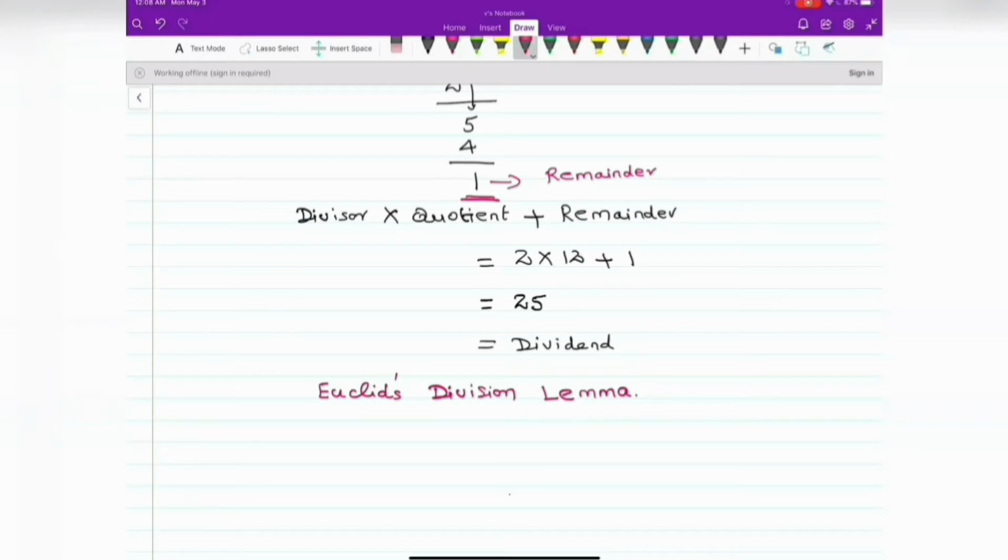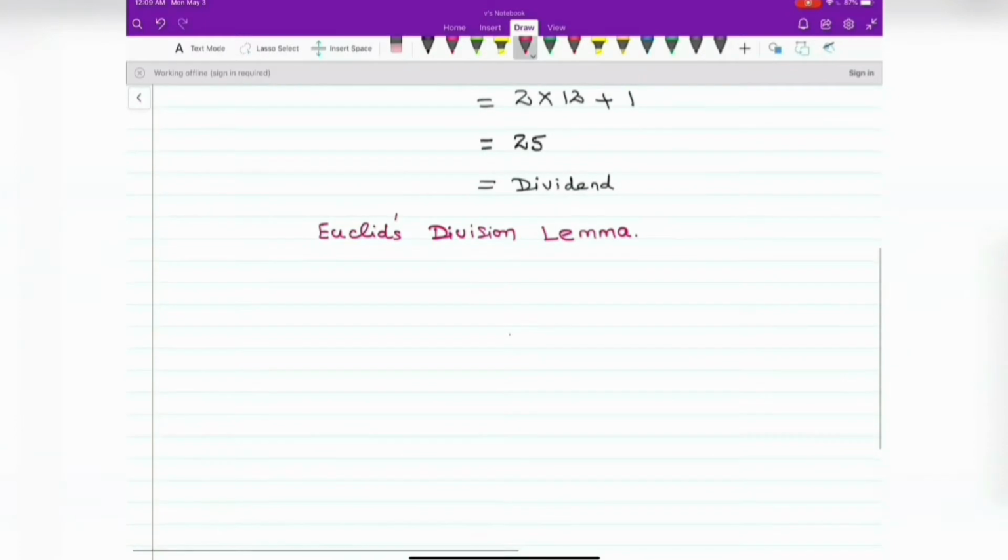Also, in your earlier classes, you might have learnt about division of polynomials. Now, I am going to show to you that even the polynomials will follow the similar rule which is known as the division algorithm for polynomials. Now, consider this simple example. Actually, this example is there in your textbook itself.